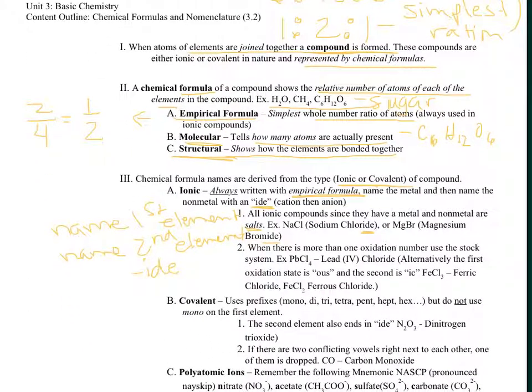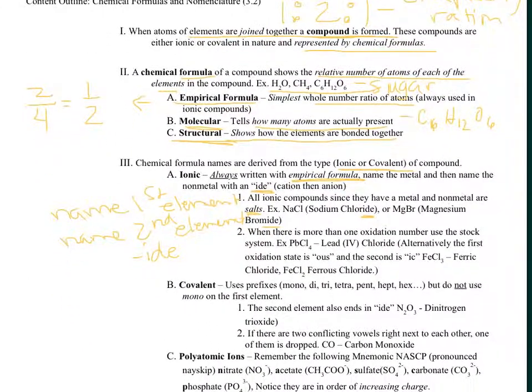Let's scroll down and look at rule number 2. Rule number 2 deals with those elements that can have more than one charge. Before today, we've said that the number of valence electrons depends on what column of the periodic table it is, and that determines its charge.